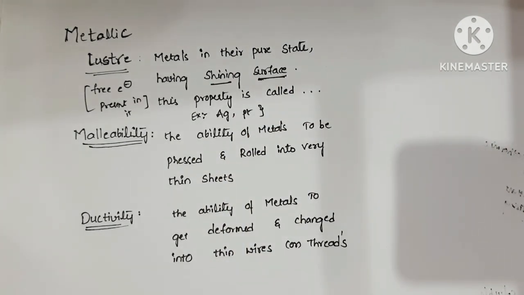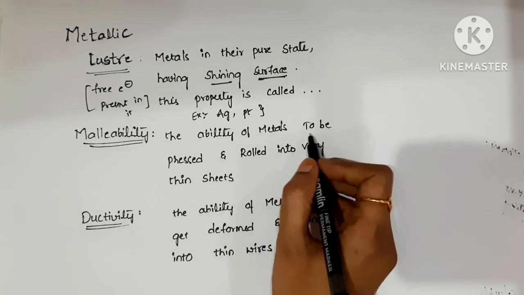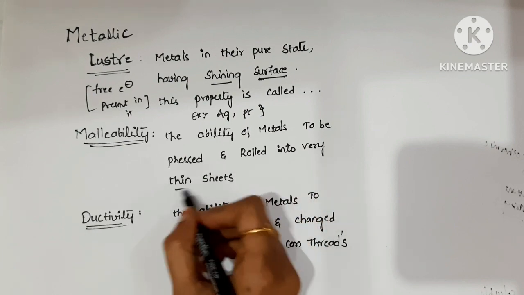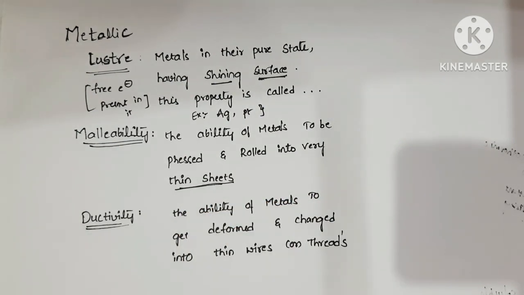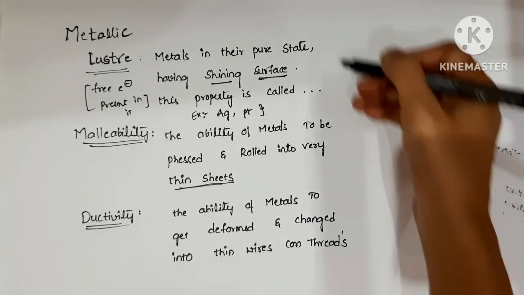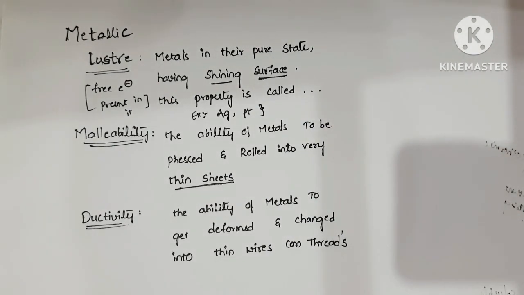Coming to malleability, it is the ability of metals to be pressed and rolled into very thin sheets. Metallic luster, malleability and ductility are all characters of metals, and we have to see all these properties in the metals.